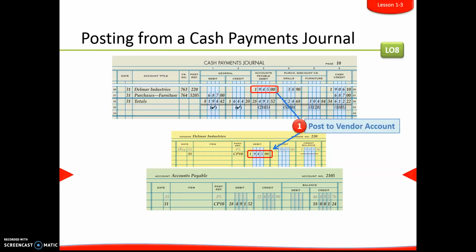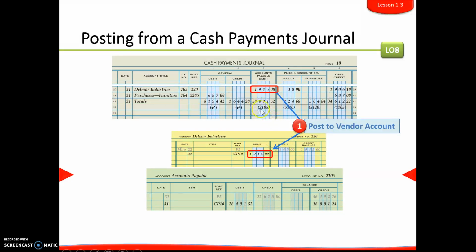When we post from our cash payments journal, remember the individual amounts here. Notice that Delmer Industries did not have anything in the debit or credit columns of their cash payments journal, but the accounts payable debit, that's going to Delmer. So that gets sent to Delmer Industries subsidiary ledger here, and then 220 is going to go right back up here. So we're posting to our vendor account.